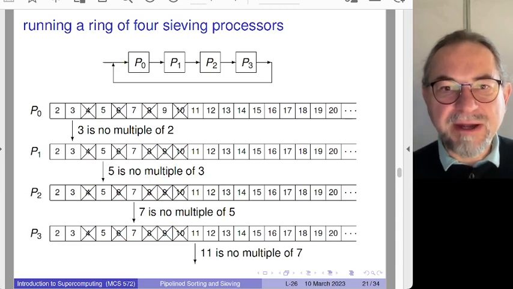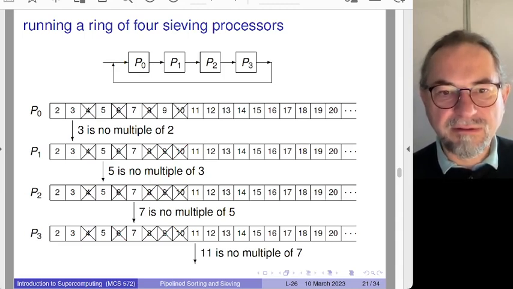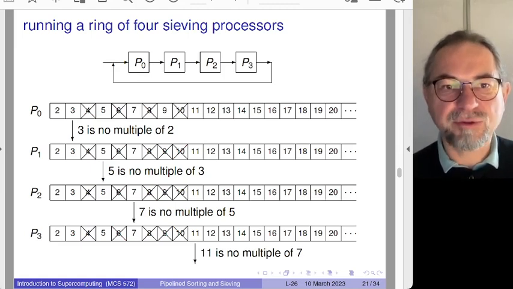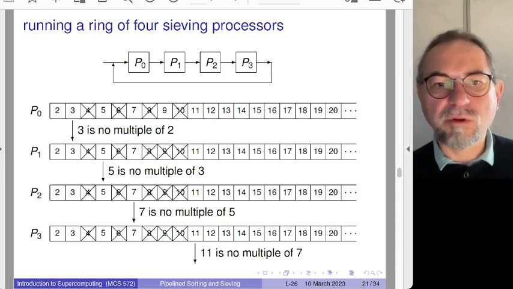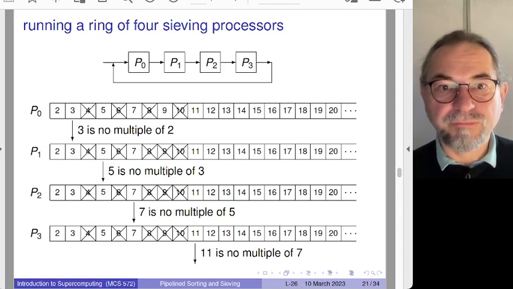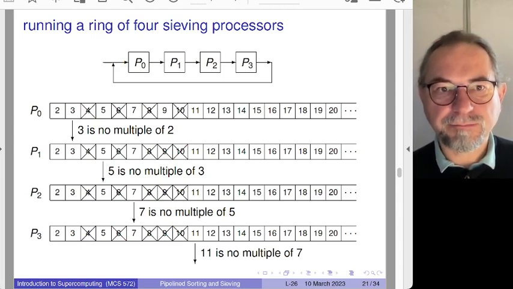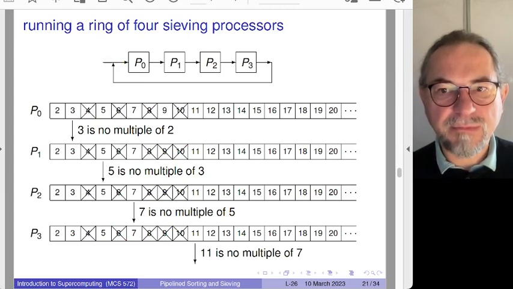So by the time 11 is sent back to processor 0, you can see that the sequence will have had many of those numbers removed. So there is this overlapping that is happening.